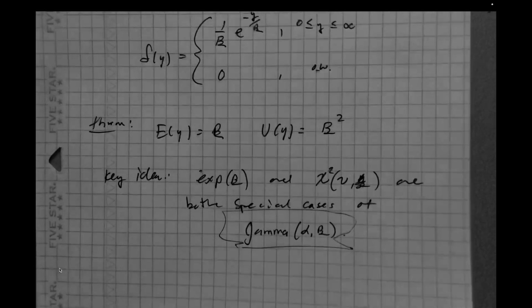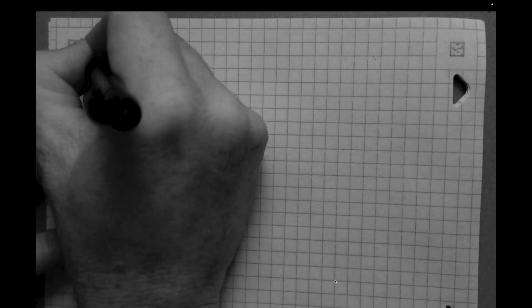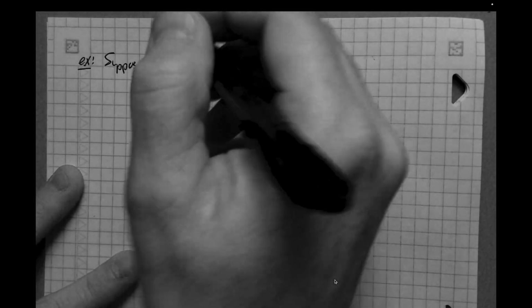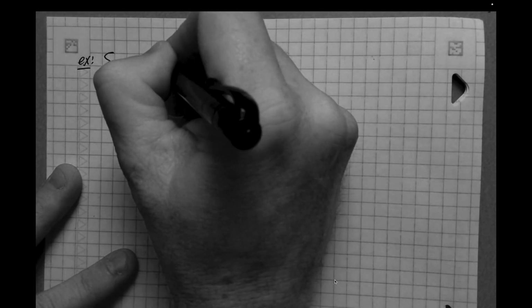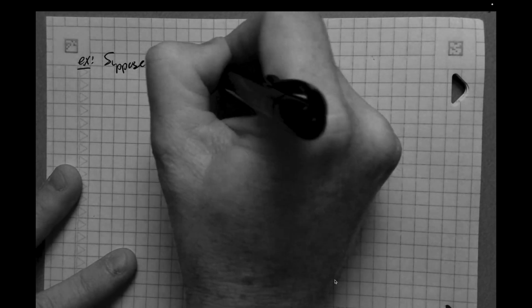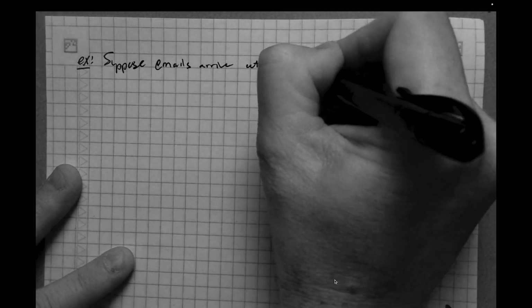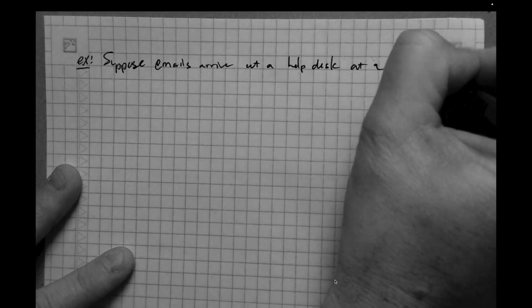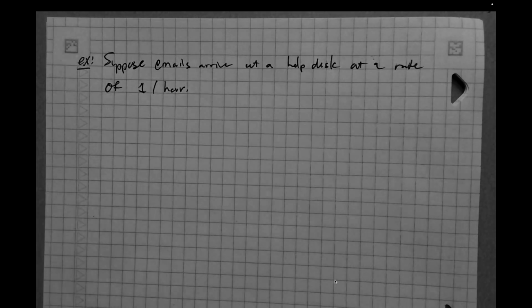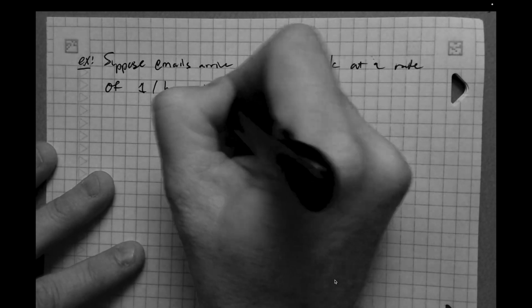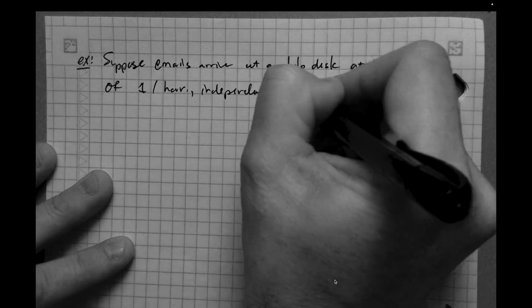Okay, let's do an example or two just to see some cases where this is useful. We'll set the scene a little bit. Let's suppose that emails arrive at a help desk at a rate of 1 per hour, and we assume independently over time.